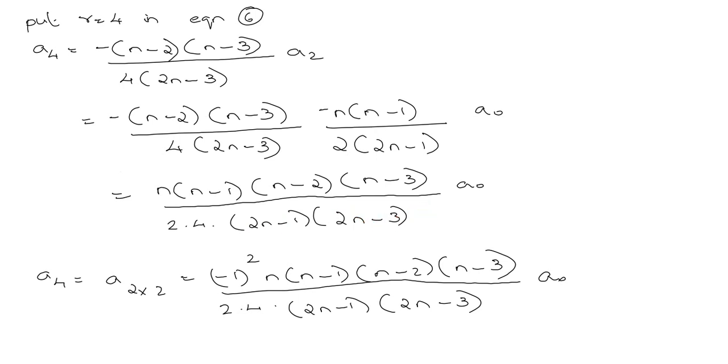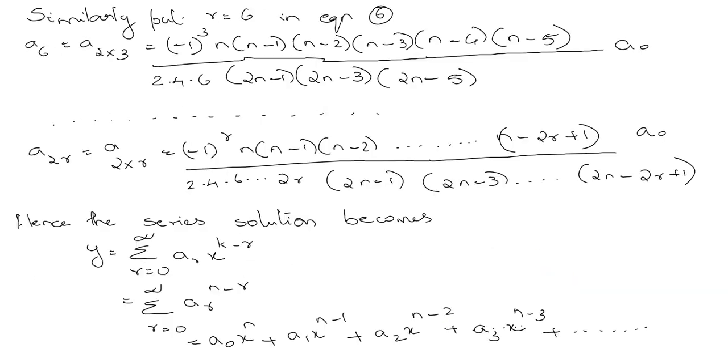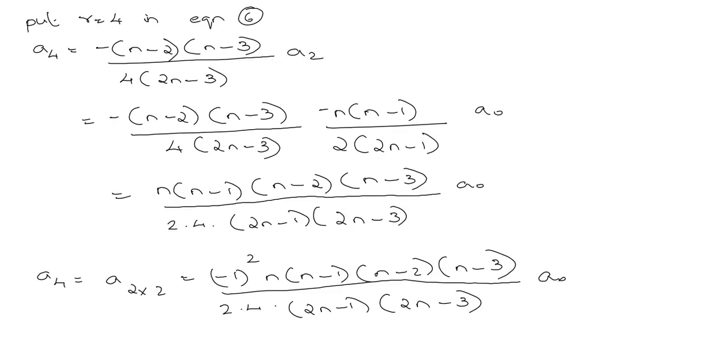Or we can write A4 is equal to A2 into 2, which is equal to minus 1 raised to 2, into N into N minus 1 into N minus 2 into N minus 3 divided by 2 into 4 into 2N minus 1 into 2N minus 3, the whole thing into A0. Now you can easily write what is A6.